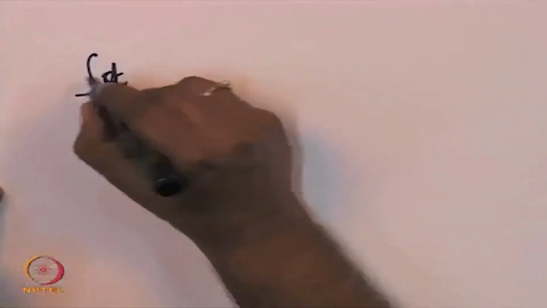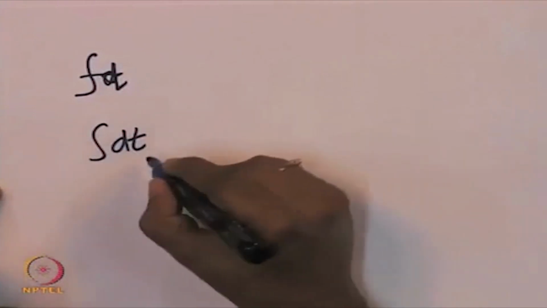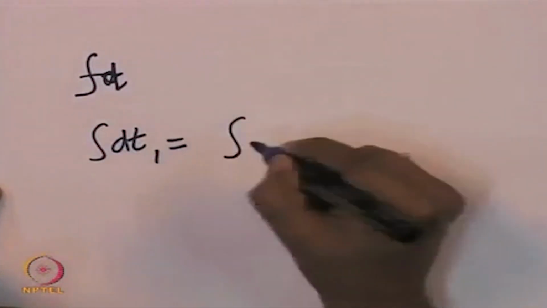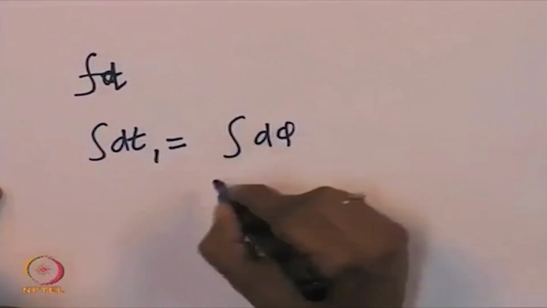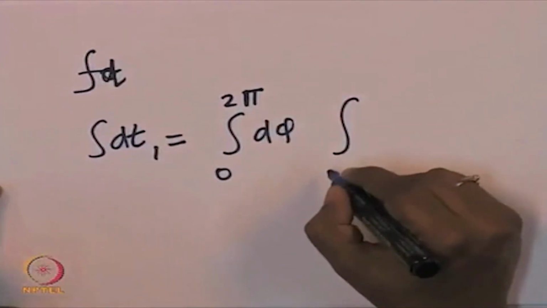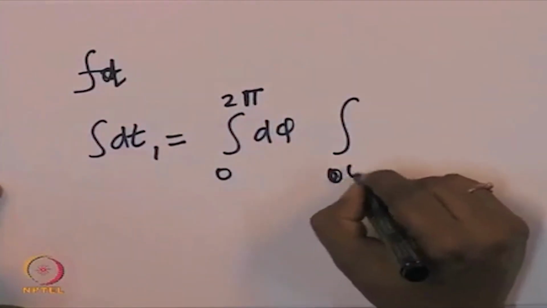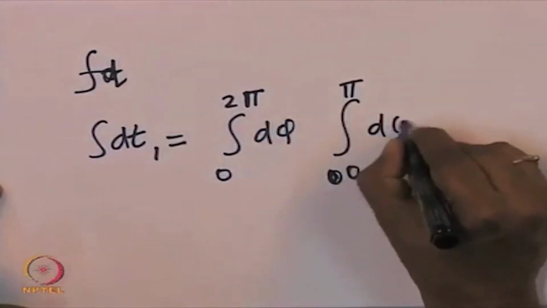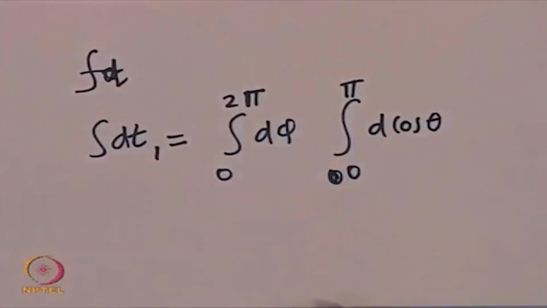It turns out that the way of representing a 3D volume element, given that the length is a constant, is integral dt1 equals integral d phi from 0 to 2 pi, integral from 0 to pi d cos theta. This will turn out to be the volume element, but we will discuss that in detail in another lecture.